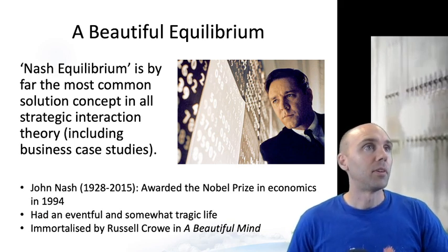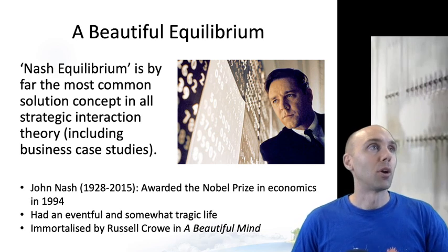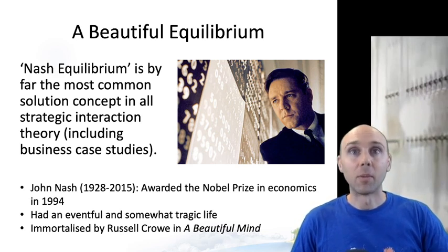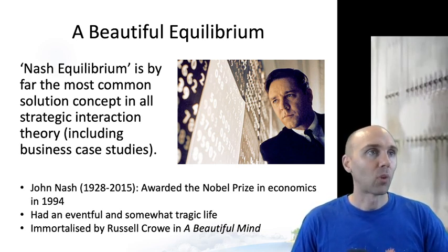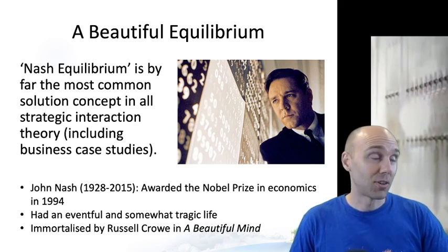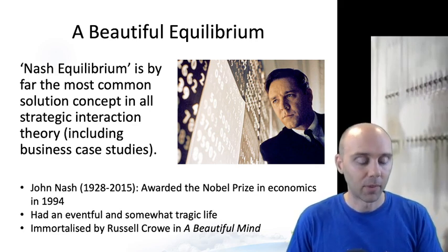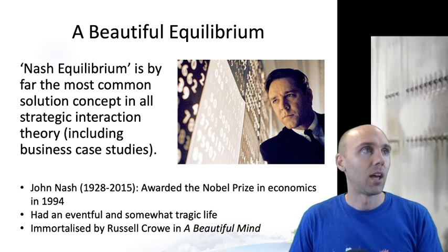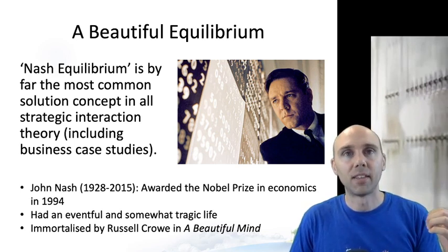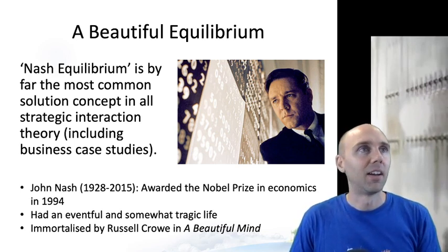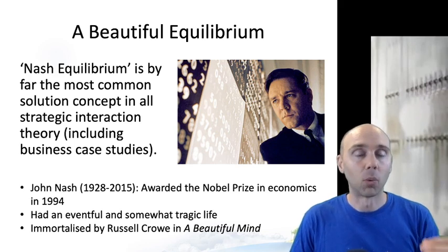And what I'll do for you now is just show you one of the famous scenes from the movie where John Nash, who is sort of also autistic, comes up with his brilliant idea for the Nash equilibrium.